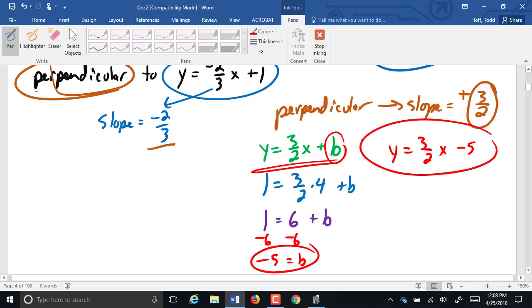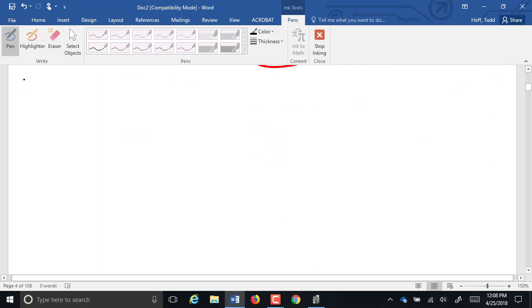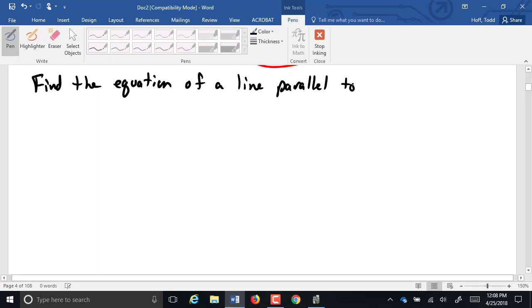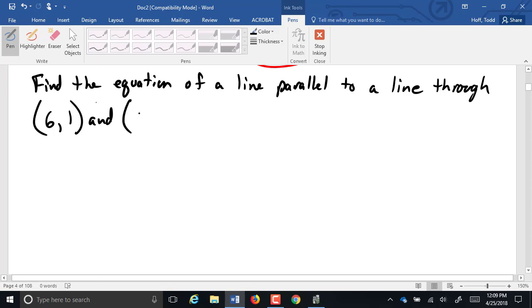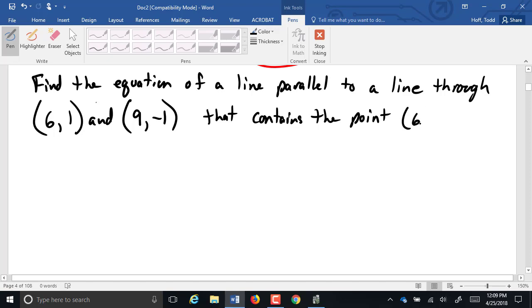Now there are some variations on those that we can do. We might say find the equation of a line parallel to a line through 6, 1, and 9, -1, that contains the point, let's go through 6, 5.